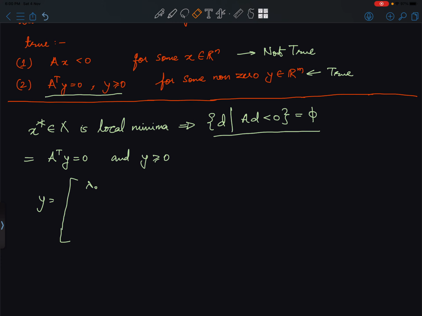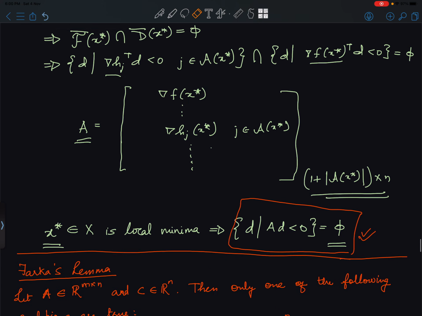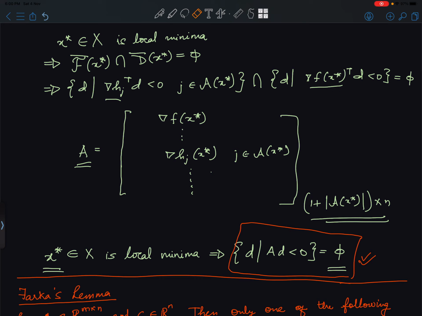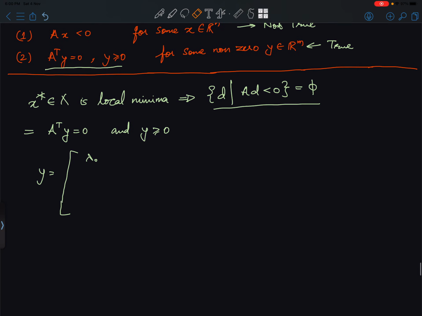So the coefficient of gradient of f will be lambda 0, and the coefficients of gradient of hj will be lambda j.